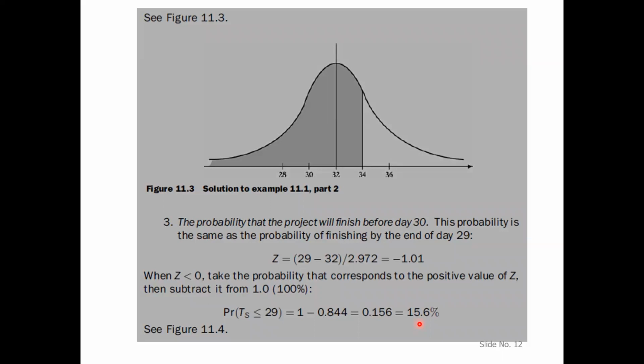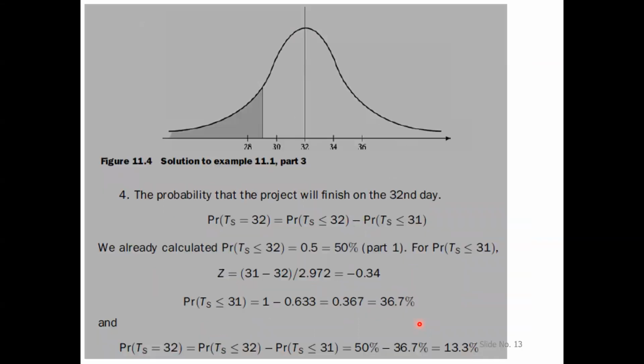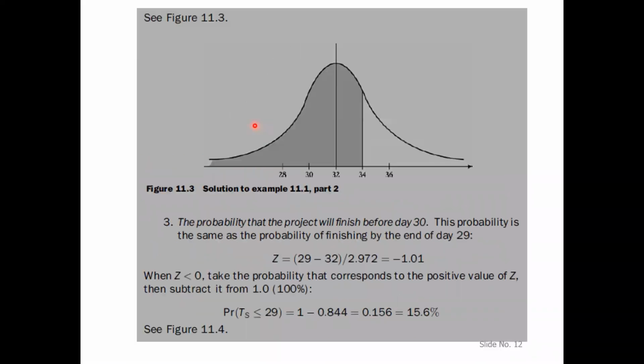This is represented by this figure. By the end of day 39, you can see that a very small area is shaded over here. So this area represents about 15.6%. Whereas in the previous case, by the end of day 34, a very large area was shaded.